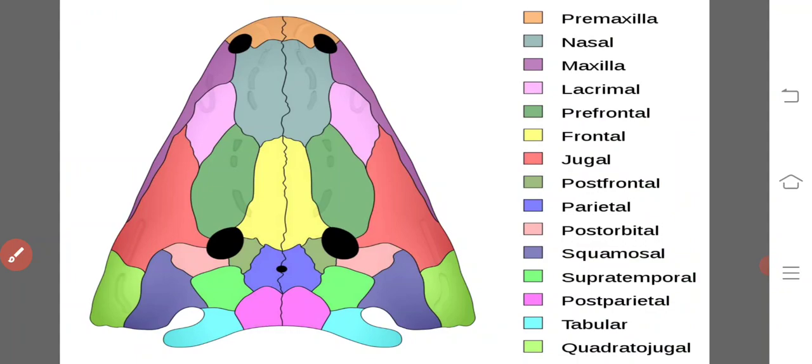See here there are different bones in the skull, upper jaw and the skull, namely premaxilla, which is shown by this color. So we have to see the color when we are talking about the bone.